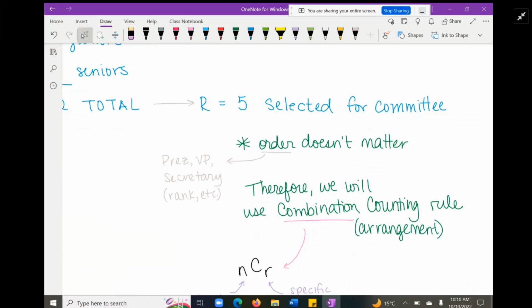Like let's say they said one committee member will be the president, the next will be vice president, the next will be secretariat, so on and so forth, where there's a hierarchy or there's an order to the chain of command, right? So we don't have anything like that, which means order doesn't matter. So in this case, when order doesn't matter, the counting rule, specifically dealing with this arrangement, that we're going to use is the combination rule.